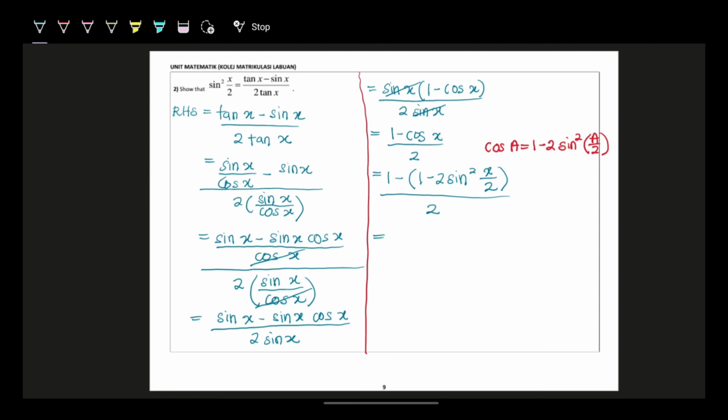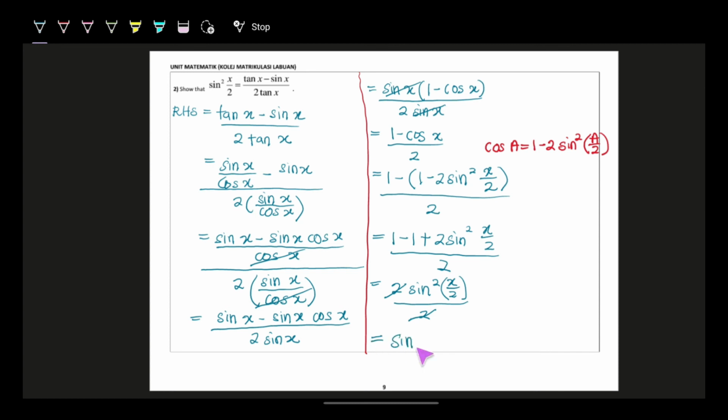We simplify this one: 1 minus, open the bracket, so 1 minus 1 plus 2 sine squared x over 2. 1 minus 1 is 0. So we will be left with 2 sine squared x over 2 over 2, and this can be cancelled off because it's divide.